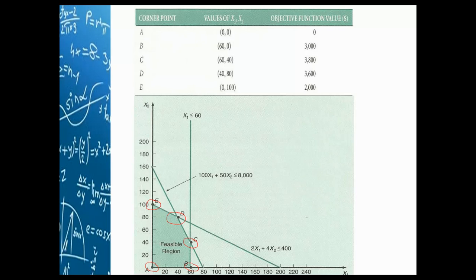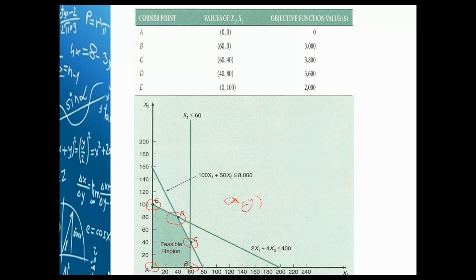So once you have identified all your corner points using this method, meaning that your corner point now must have your coordinates, so you have your x and also your y. You put your coordinates, x1 or x2 doesn't matter, inside your objective function, and then you calculate one by one.